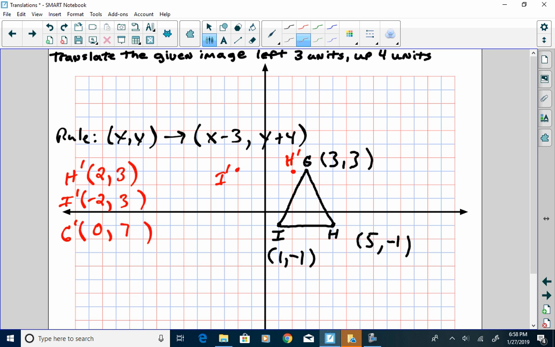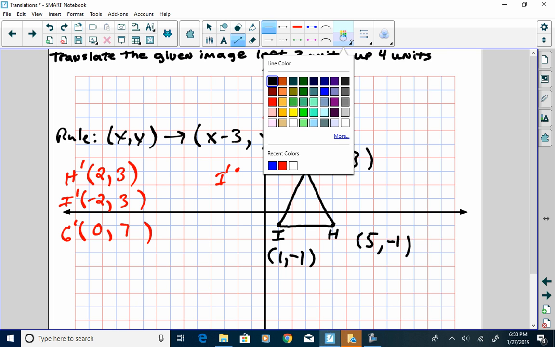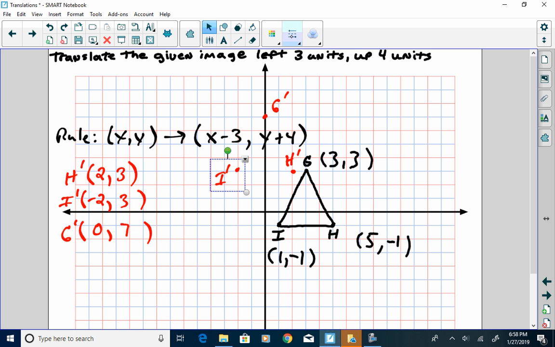And then g prime is 0 comma 7. 0 in the x direction, but up 7. 1, 2, 3, 4, 5, 6, 7. Right? That's going to be my g prime. If I connect those points, let's see what that's going to look like. Keep it red. Let me here, and then here, and then here.